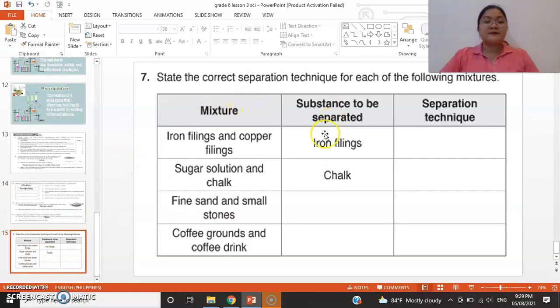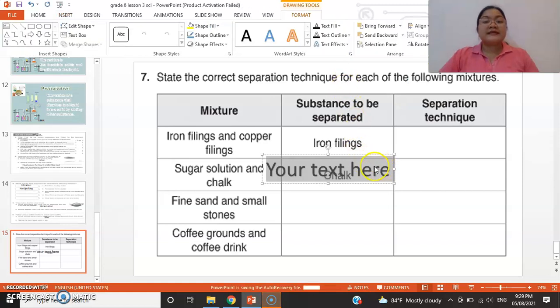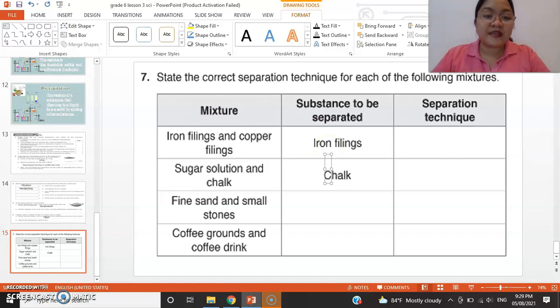And the last, number 7. State the correct separation techniques for each of the following mixtures. So we have here the mixture, the substance to be separated, and the separation technique we are going to use. For example, number 1, we have iron filings and copper filings.